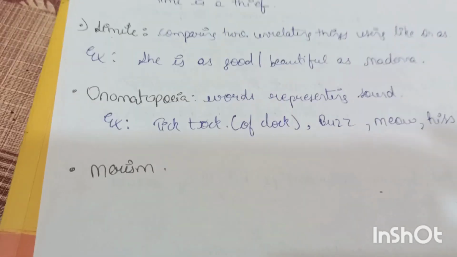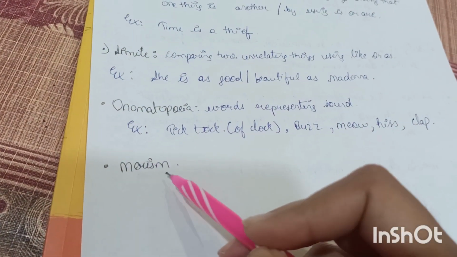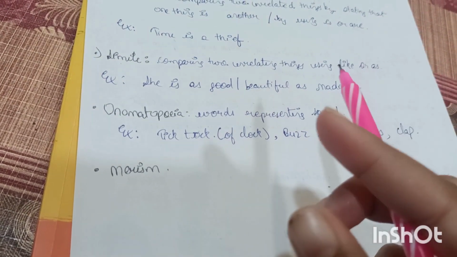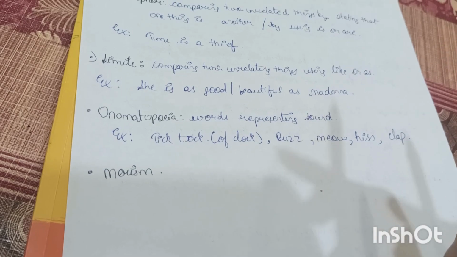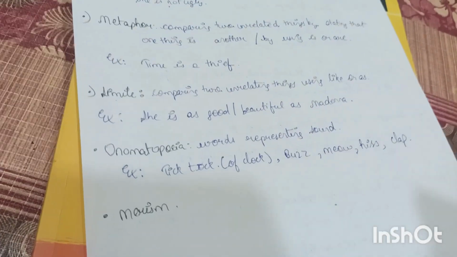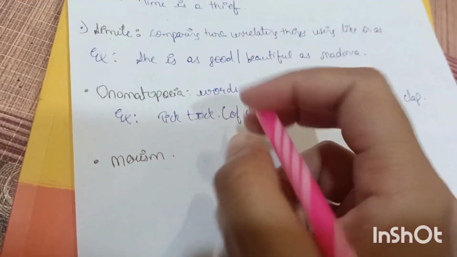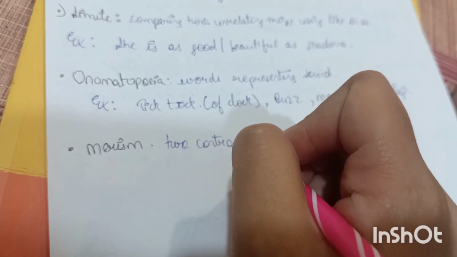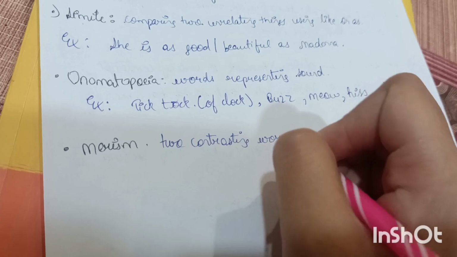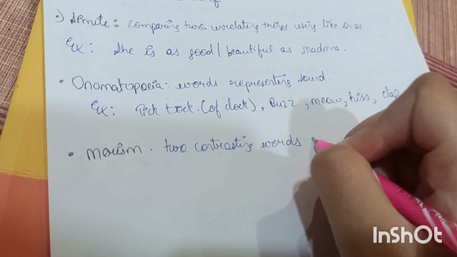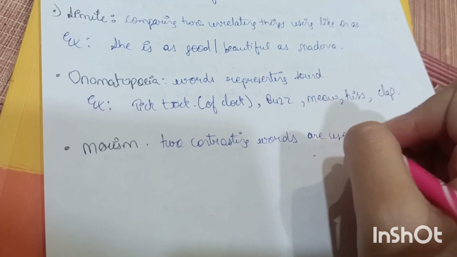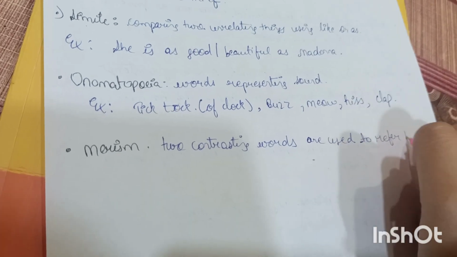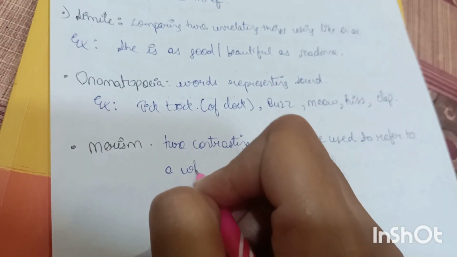Okay, so the next one is merism. So in this what happens is that there are two words that are not related to each other, but they are used to refer to one whole thing. Okay, so you can write it as two contrasting words are used to refer to a whole.